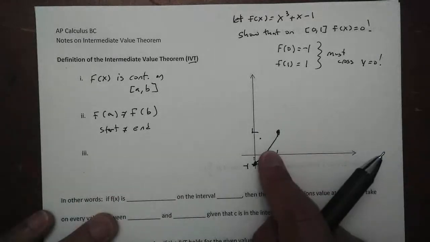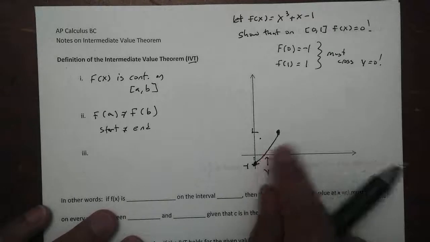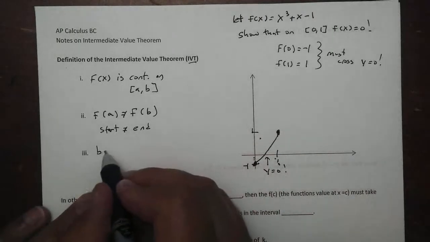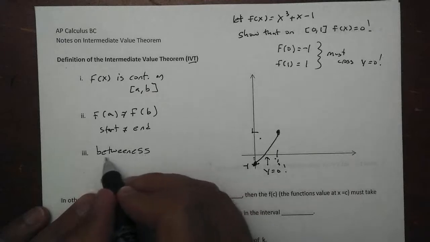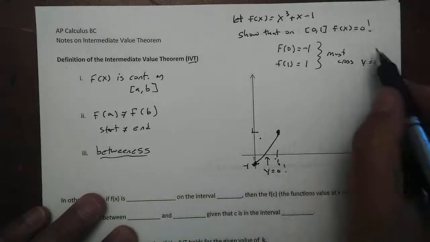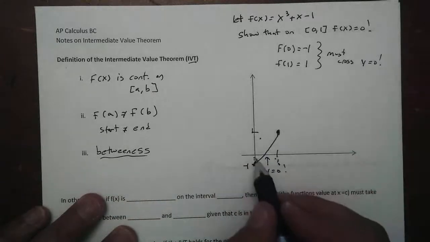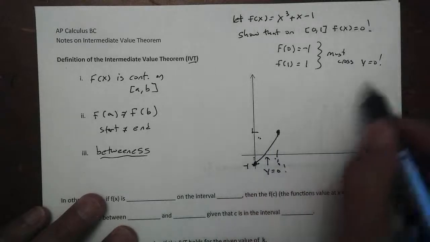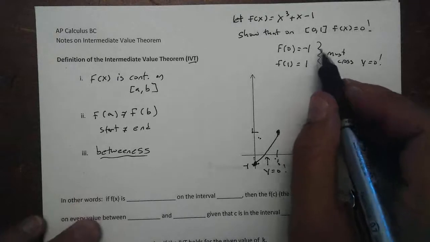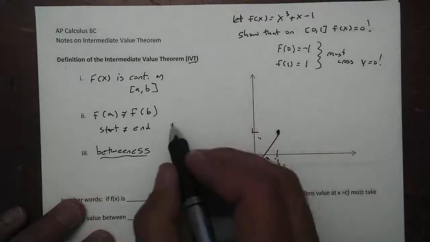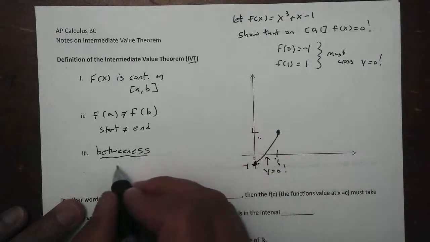And the last one is the most important step. It's the between step. That the value we are looking for, the betweenness step, that the value we're looking for, 0, lies between the two values that we got. So 0 is in between 1 and negative 1. And that value is called k. We call it k.